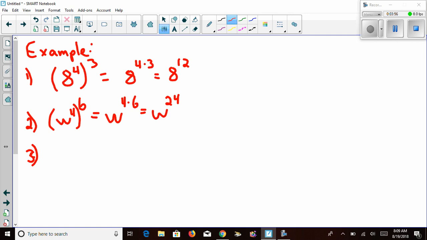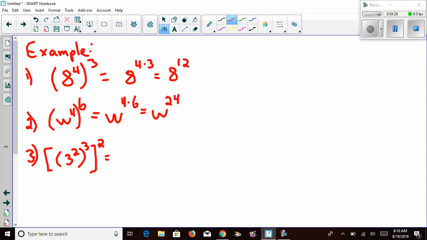All right, so the next example, I'm going to use these square brackets because I'm actually going to have 2 sets of parentheses. Those square brackets act as parentheses. I'm going to have 3 squared raised to the 3rd power, square bracket, whole thing being raised again to the 2nd power.